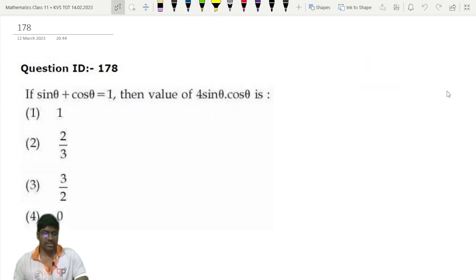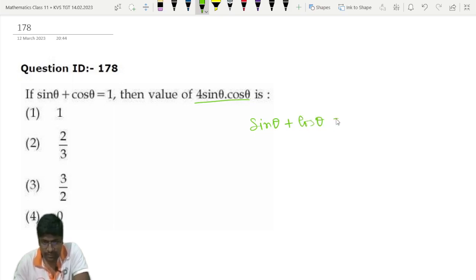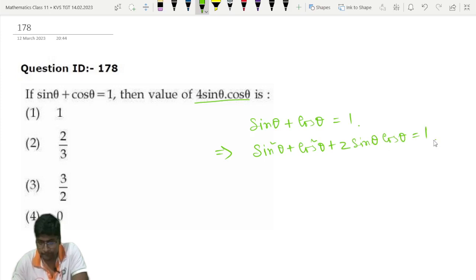Now question number 178. Sin theta plus cos theta is equal to 1. It is given. We have to find the value of 4 sin theta cos theta. Now square both sides. On the left hand side we get sin square theta plus cos square theta plus 2 sin theta cos theta is equal to 1.